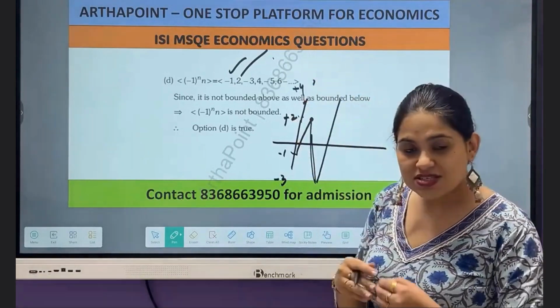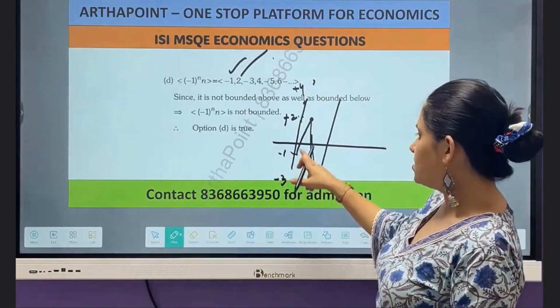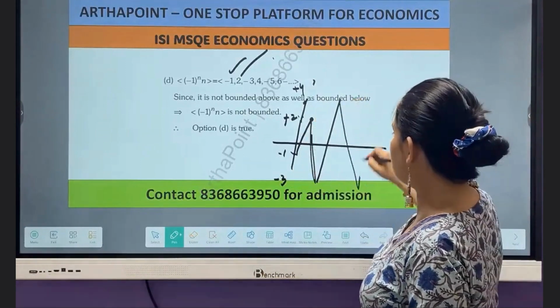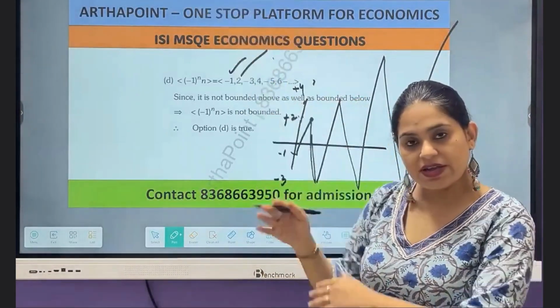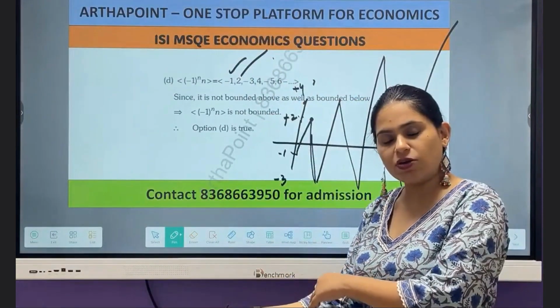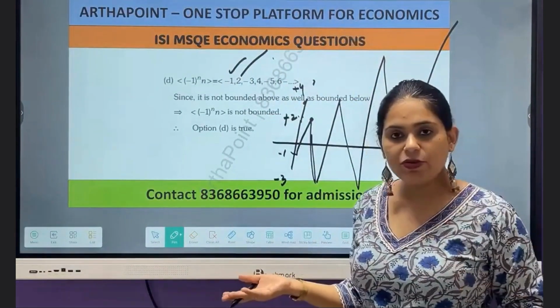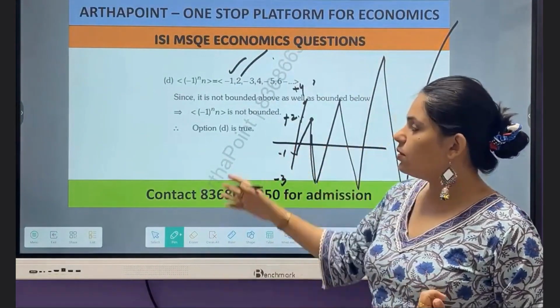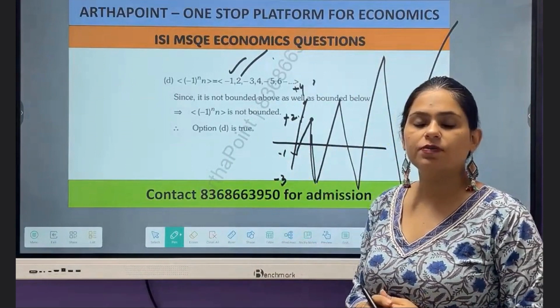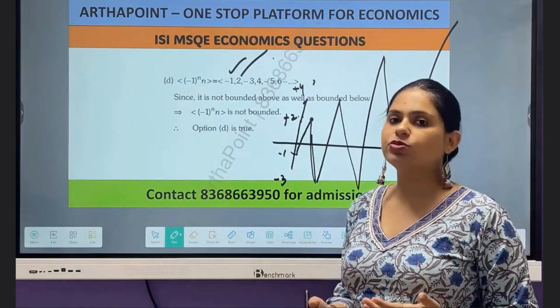So you see that this is an exploding series. Minus 1, plus 2, minus 3, plus 4. So it will keep going like this. It will become bigger and bigger and bigger, in the lower part also, and in the upper part also. There will be no bound to it. Right? So, because there will be no bound to it, therefore it will be an unbounded sequence.